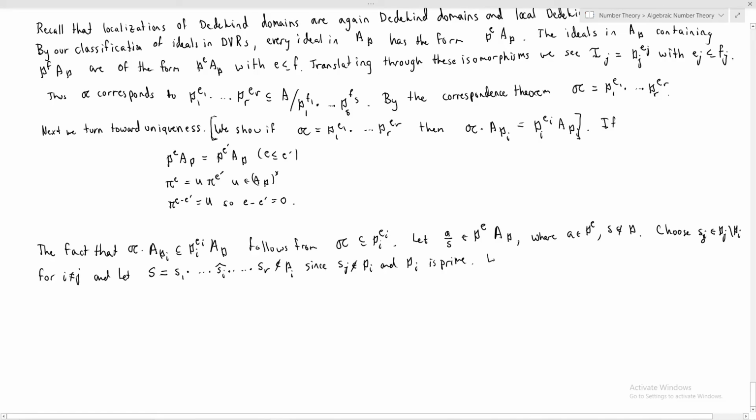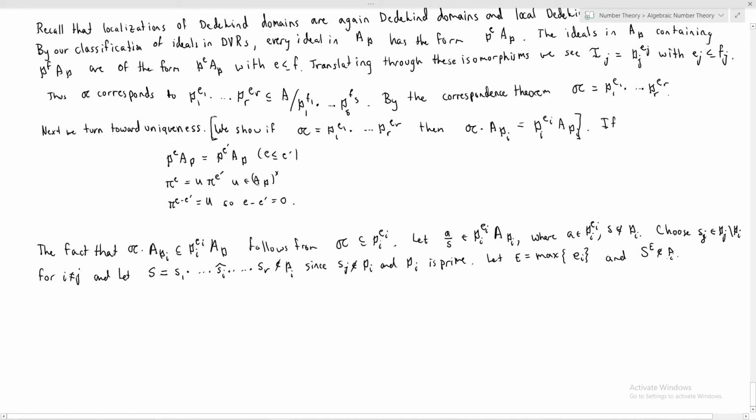So we're going to let E be the maximum power that appears. And again, since S is not in P, this capital S to the E is not in P_i as well.